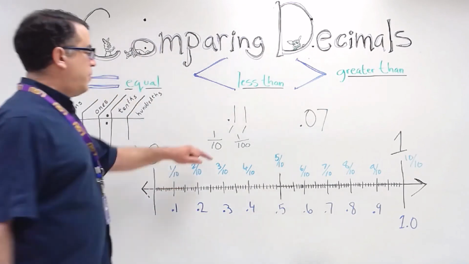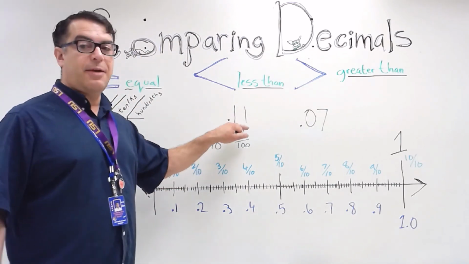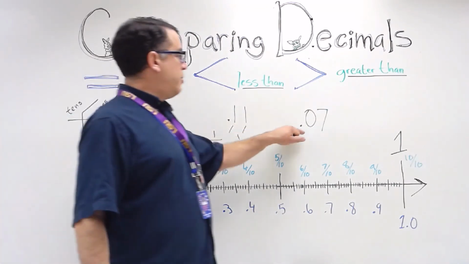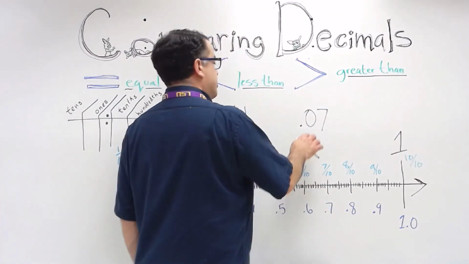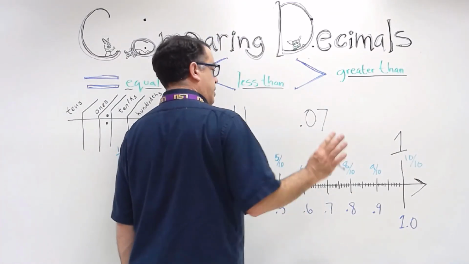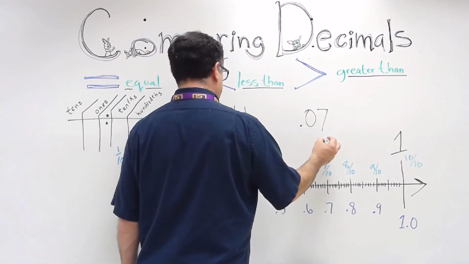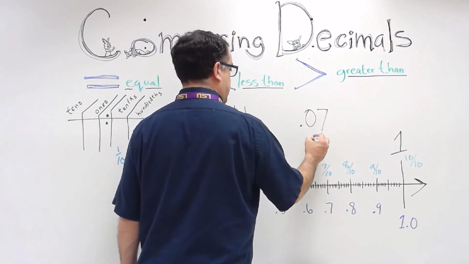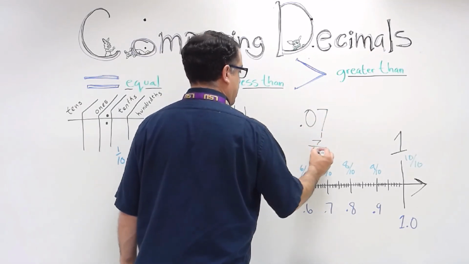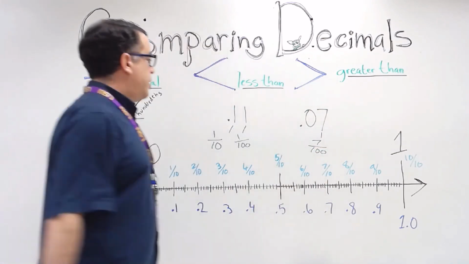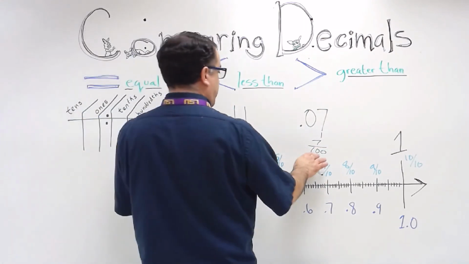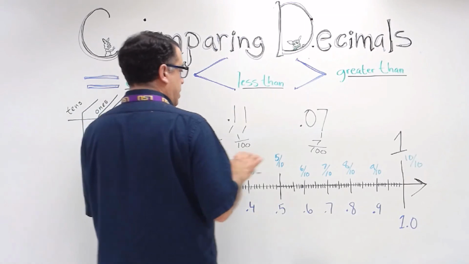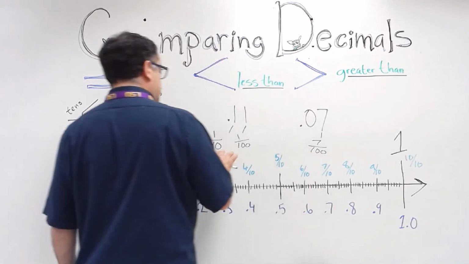Okay, that is very different than just saying 11. So let's go over here at this 0.07. The 0 is saying no tenths, and the 7 is saying, whoa, that is 7/100. Okay, so remember, if we're comparing fractions this time, the hundredths are much smaller than the tenths.